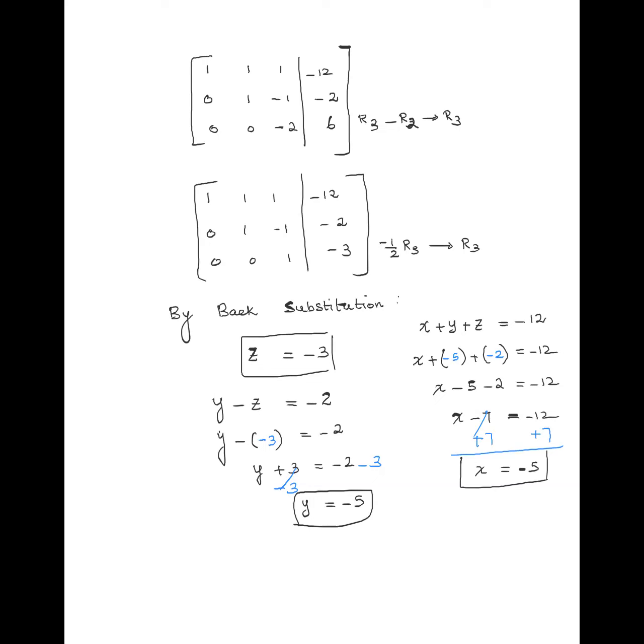Oh, sorry, I think I put 3. Instead of 3, I put 2. Let me change. So it's going to be negative 3. So negative 8. So add 8 both sides.